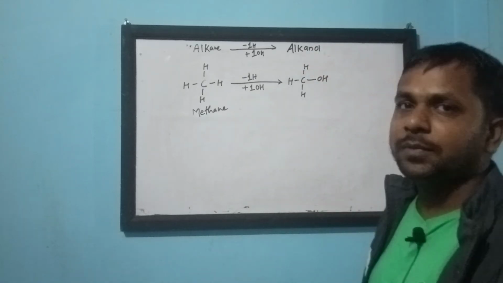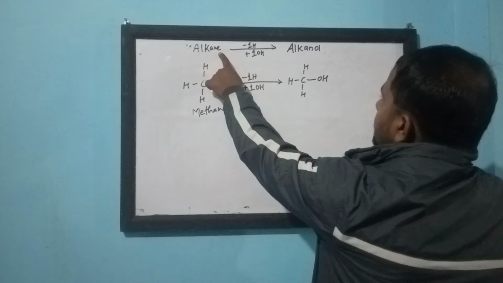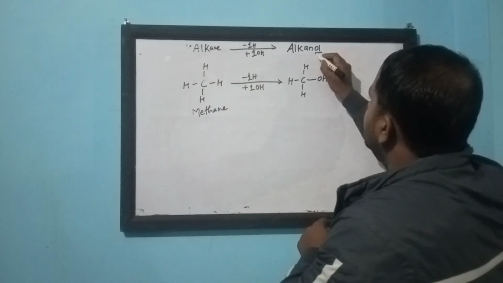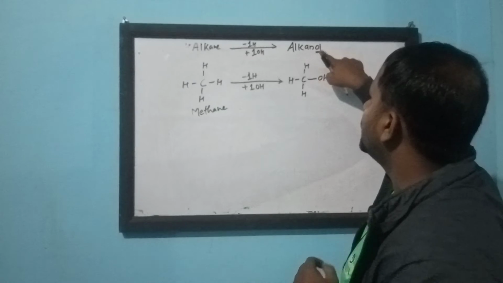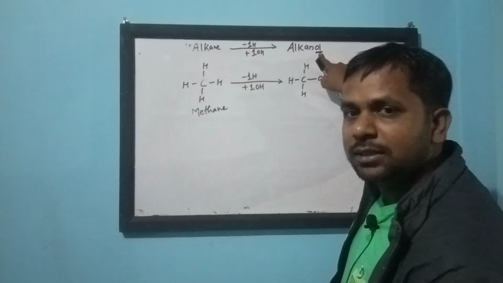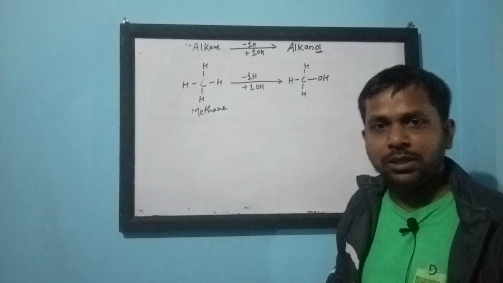From the alkane, the E is removed and OL is added there, and this becomes the name of that alcohol.